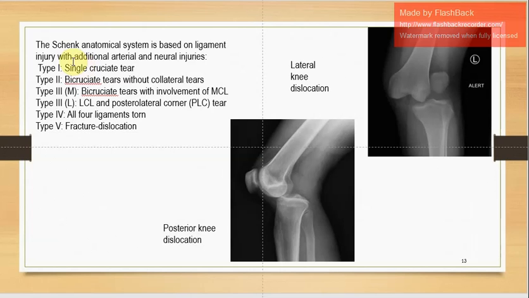There is one more classification, the Schenck anatomical classification, which is based on ligament injury, and with additional arterial and neural injuries.